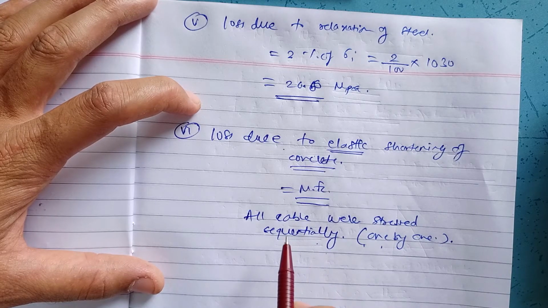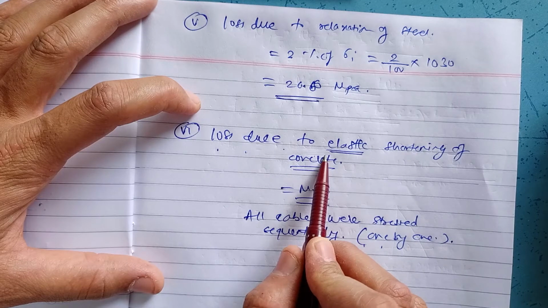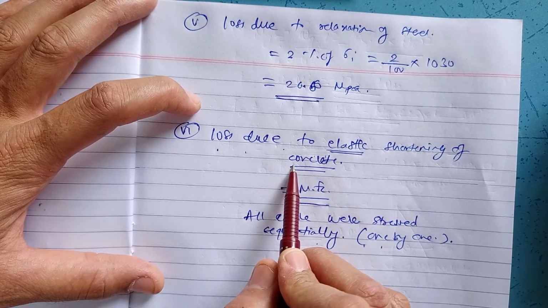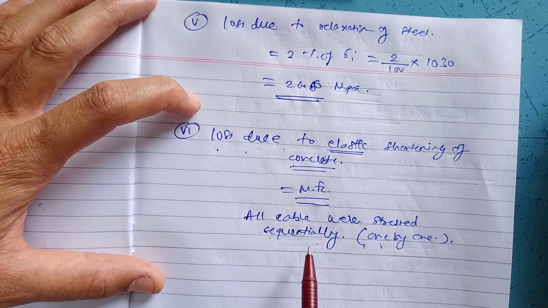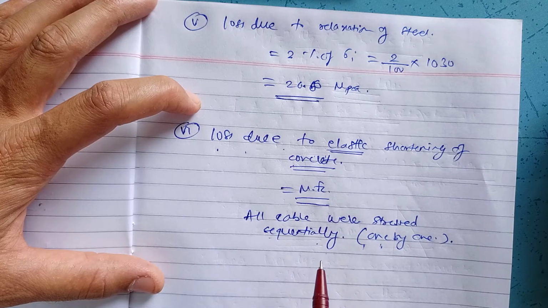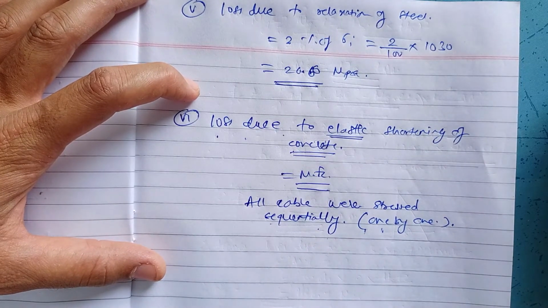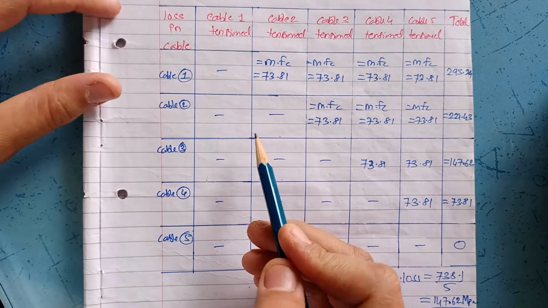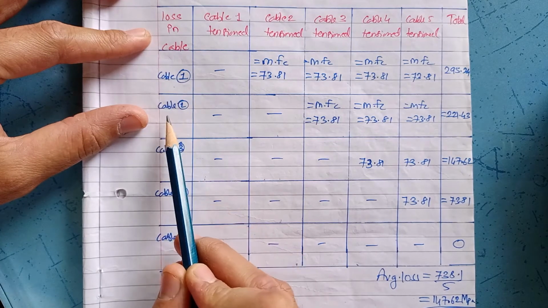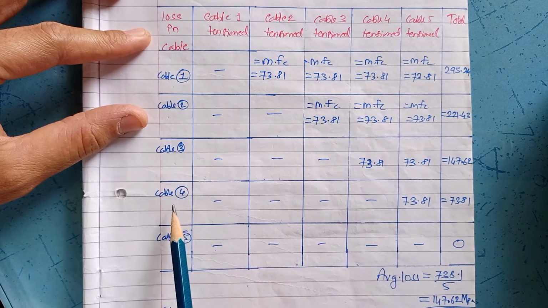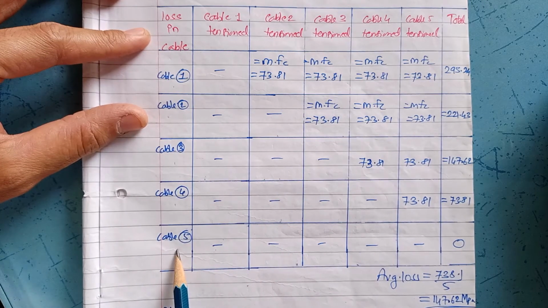Hence, so as to calculate loss due to elastic shortening of the concrete, since cables were stressed one by one as given, we are supposed to draw one table in this format: loss in cable 1, loss in cable 2, loss in cable 3, cable 4, cable 5. Such a table we are supposed to draw.